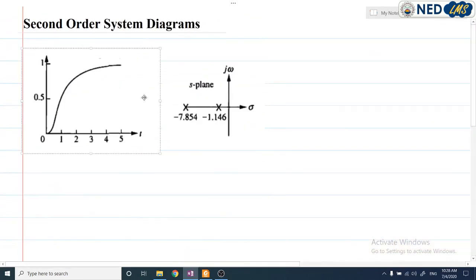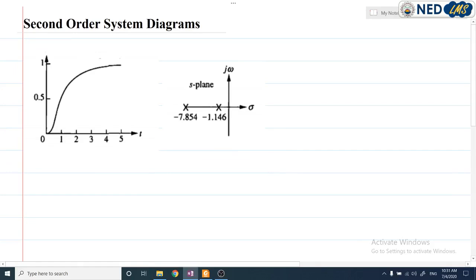So now if we consider this diagram, this is our overdamped response, and this is its pole plot. We gave it the name overdamped because overdamped refers to a large amount of energy absorption in the system, which inhibits the transient response from overshooting and oscillating about the steady state value.